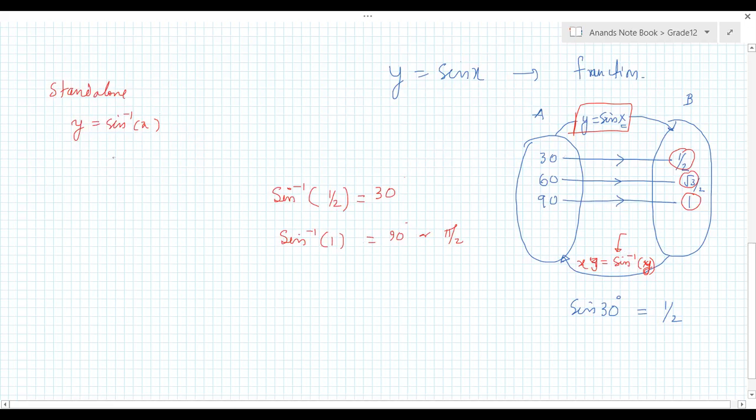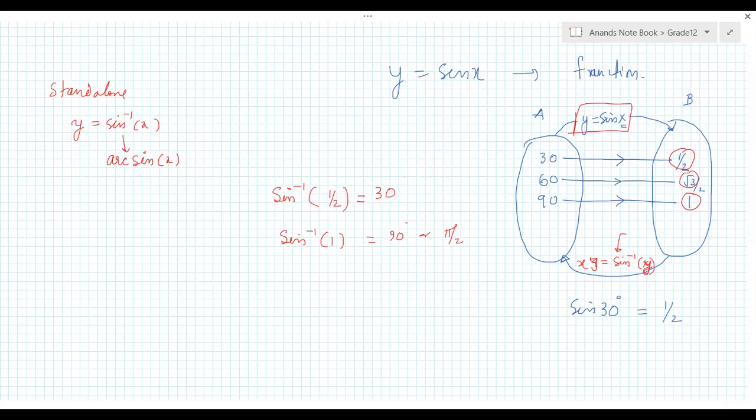This is also called arc sine. So if you look at some calculators, instead of sine inverse, you will have arc sine x. Arc sine is nothing but sine inverse. Are we okay with this? Yes, sir.